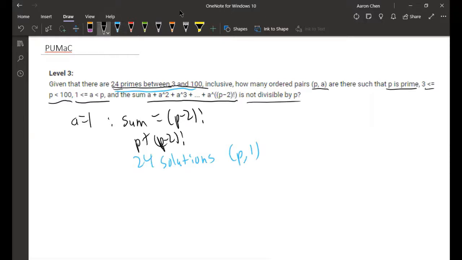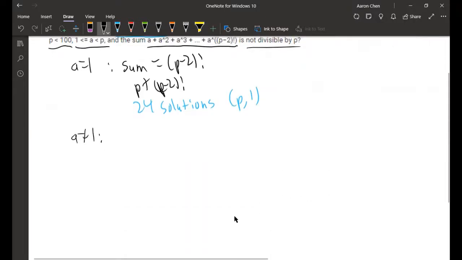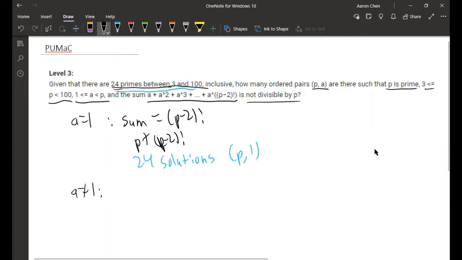And so next up, if A is not equal to 1, then the sum is simply just equal to A plus A squared plus A cubed all the way to A to the power of (P minus 2) factorial.